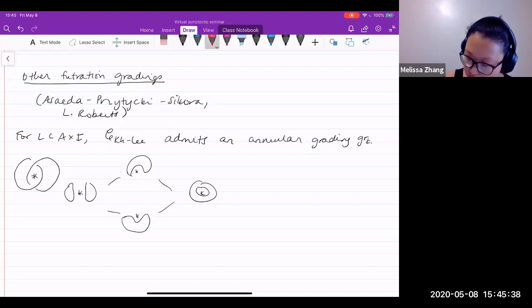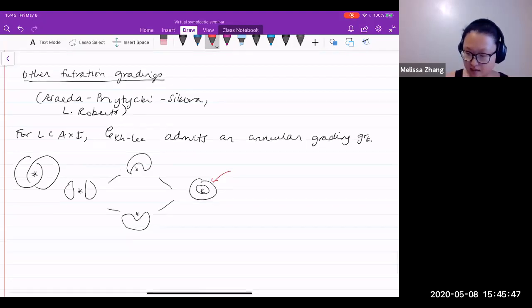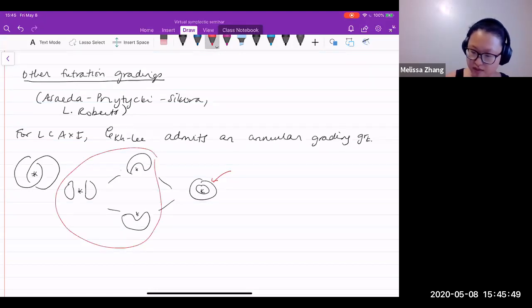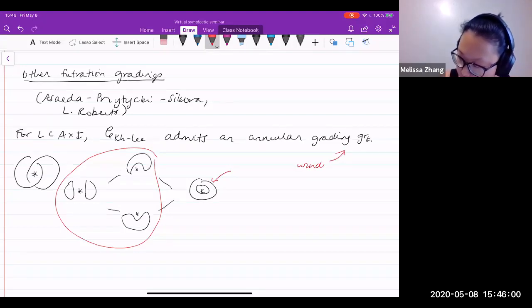And it looks like these guys might have some non-trivial interaction with this axis because it separates 0 from infinity. Whereas all of the other circles don't really have any winding number around this axis. So that's basically what the k grading is. It's like a winding number grading.